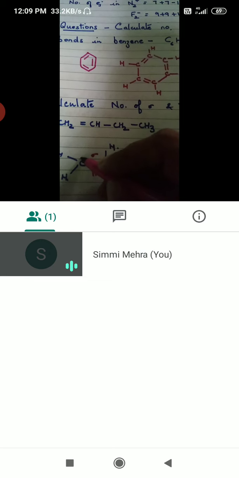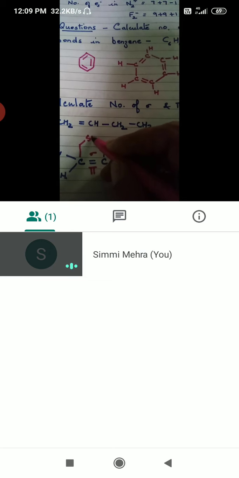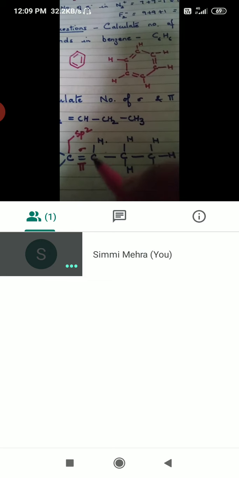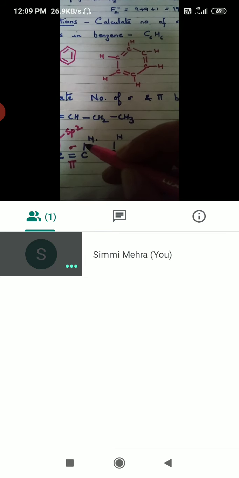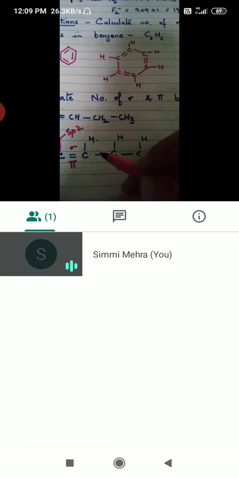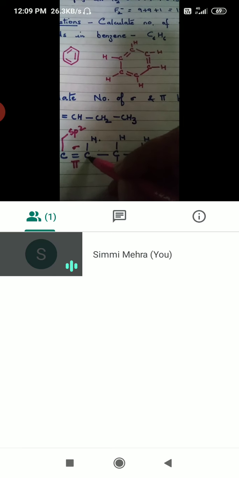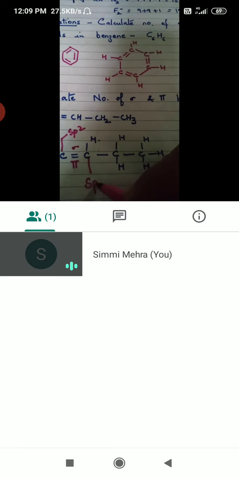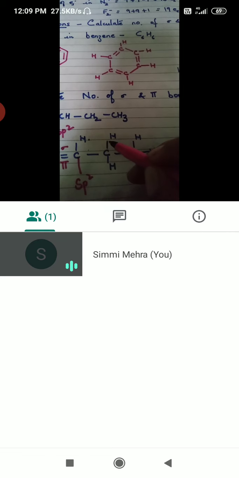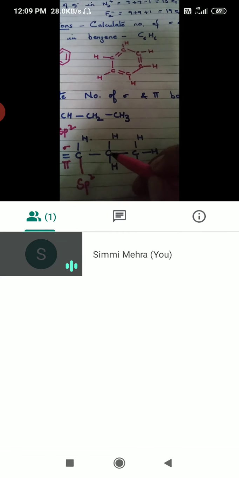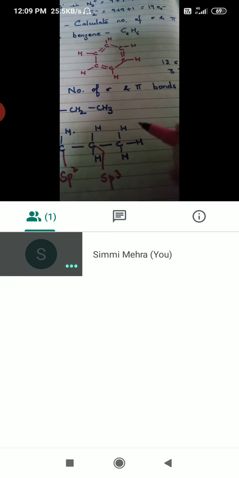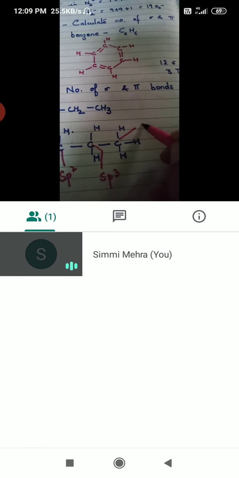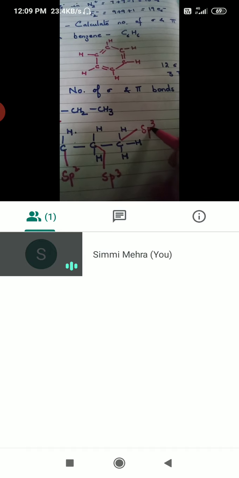Anything which has got 3 sigma bonds is sp2 hybridized. Okay, then this one has got 1 sigma bond, 2 sigma bonds and 3 sigma bonds. So this is also sp2 hybridized. This is forming 1, 2, 3, 4 sigma bonds. It is sp3 hybridized. And this is also forming 4 sigma bonds, sp3 hybridized.